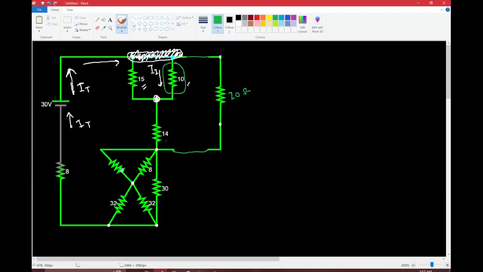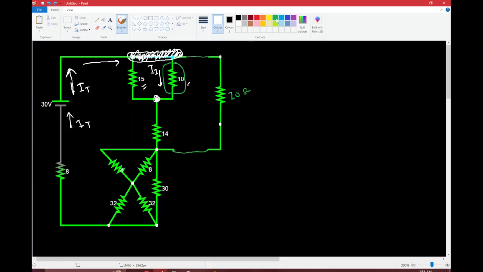Okay, so we have this kind of situation going on, and the reason why I've done all of this is because I want to figure out how much of this current IT is going to go through here, how much is going to go through here, and how much is going to go through here. So what I'm going to do first of all is combine all of these guys together, which might seem unintuitive at first, but you'll see why I do that in a second.